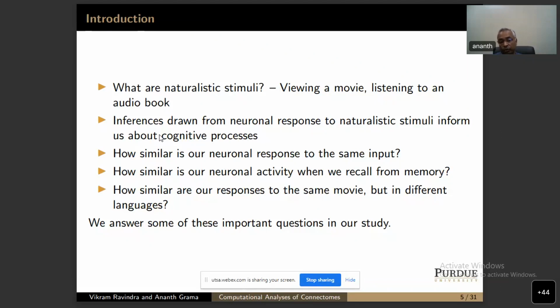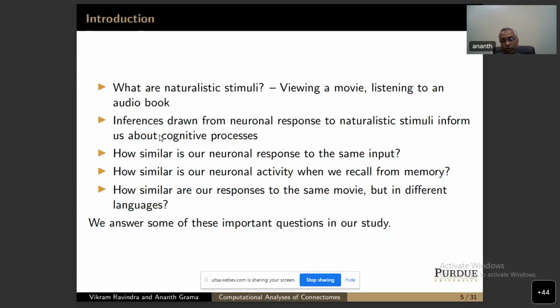You may ask a number of other questions as well. How similar is our neuronal response to the same input? In other words, if you and I are watching exactly the same thing, do the same parts of our brain light up? How similar is our neural activity when we recall from memory? So in other words, you watch Sherlock, and now I'm forcing you to recall certain parts of that particular show. Will the same parts of the brain light up?